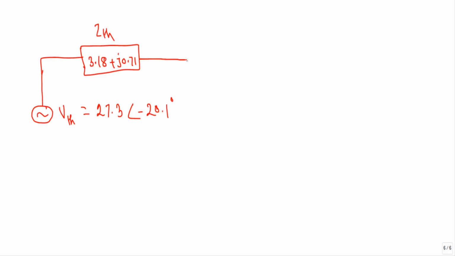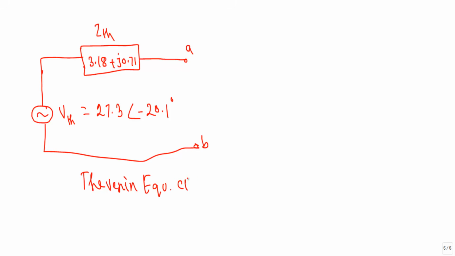Okay, and that was across this A and B terminals, and this will be our Thevenin equivalent circuit. If I want to draw the complete Thevenin equivalent circuit, I have to connect the load impedance ZL here.